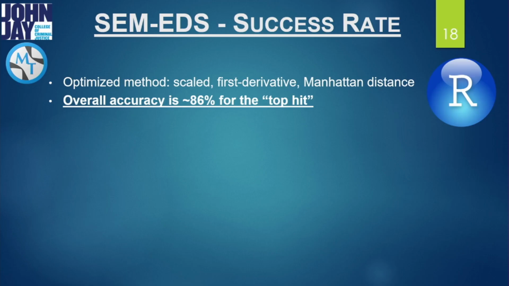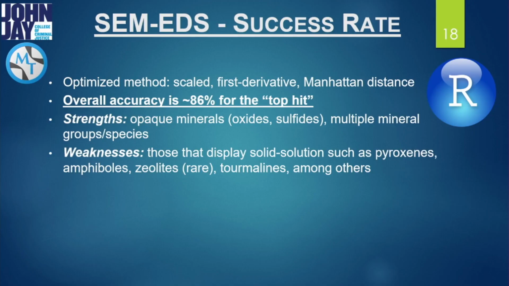It's the exact same thing we're doing here. We did several pre-processing steps, but we ultimately are using Manhattan distance as the comparison. So we have an unknown, we compare it to all the reference spectra using Manhattan distance, and the overall accuracy of the method was about 86% in the top hit.